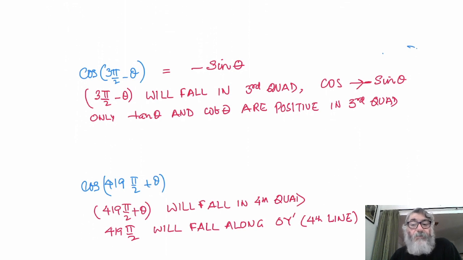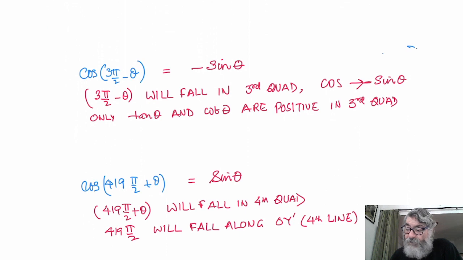But cos will change into what? Cos will change into sine because it is pi by 2 plus theta. But it will remain plus because the sign of the answer is decided by the ratio on the left hand side.